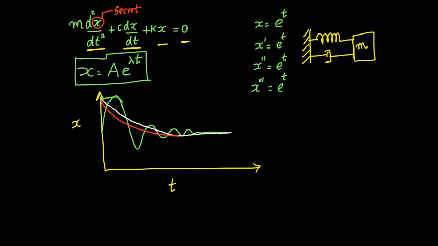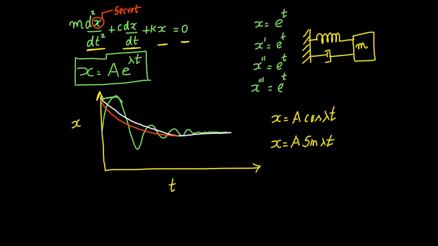Now, there can be another explanation. You may ask me this question, why not assume x is equal to a into cos lambda t? Why don't you assume a trigonometric solution, or maybe x is equal to a into sine lambda t? You can also assume this type of solutions.